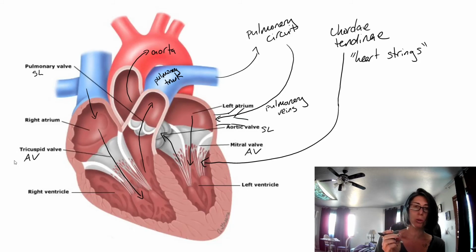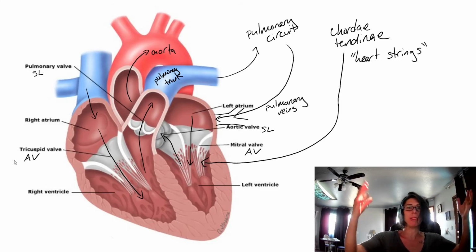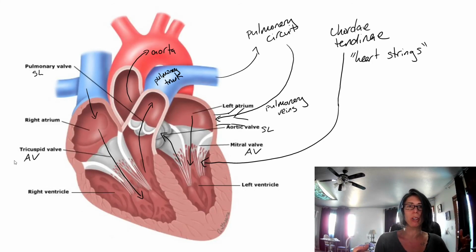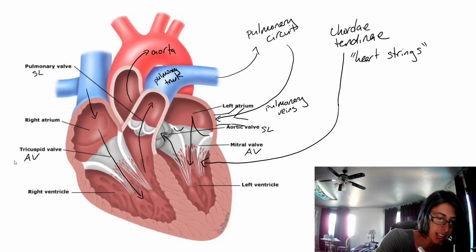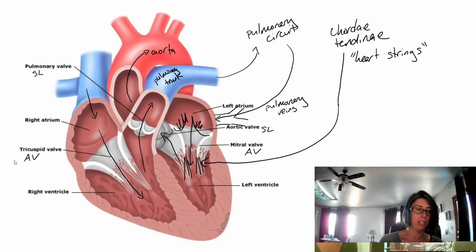And what they do is they anchor them so that they can't become inverted when that strong ventricle squeezes blood. You don't want these valves to invert back upwards into the atria, because then the blood would be moving backwards. So these chordae tendineae anchor those valves so they can't invert upwards into the atria.